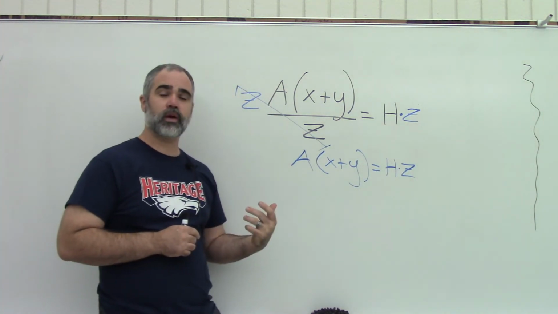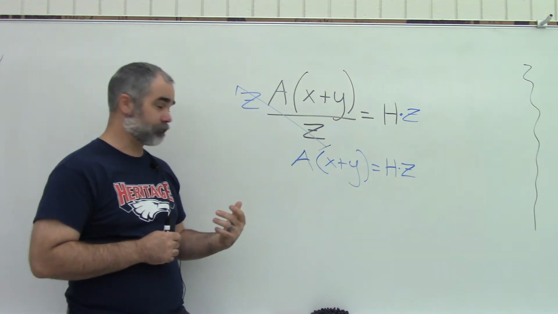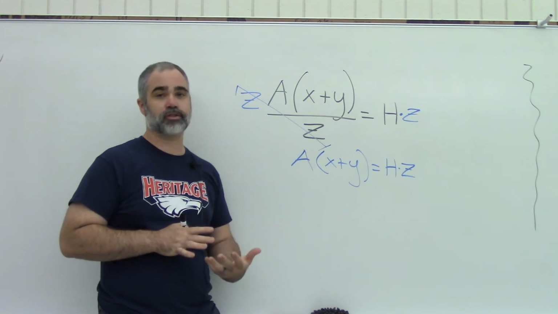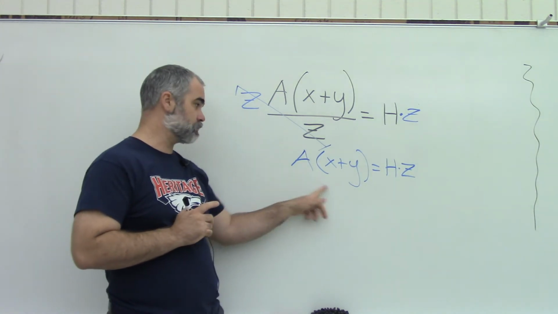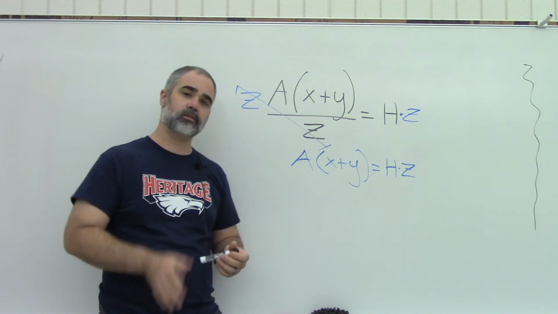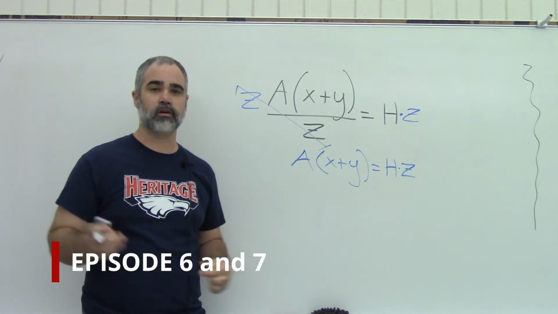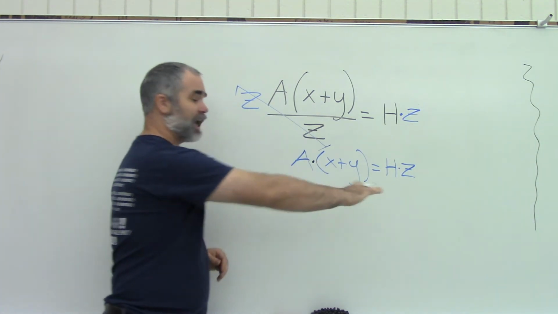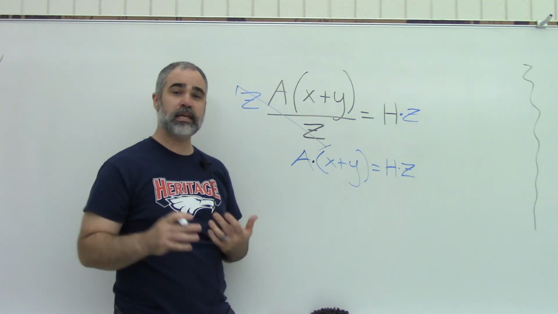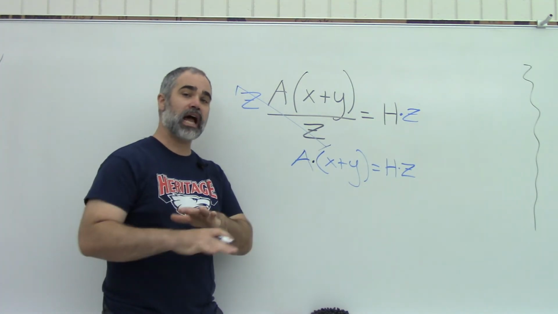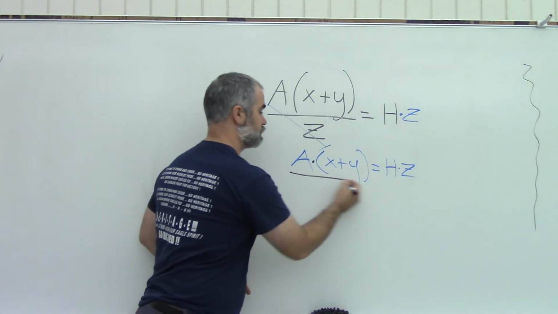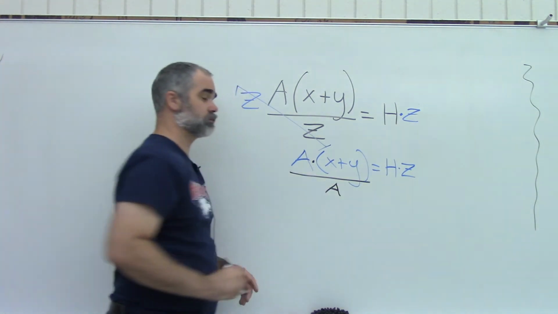Now there's a number of ways you could approach this next part, but I'm actually going to think about this with the same strategy I used with fractions. When I had a fraction distributing here, I think that's episode 6, so you can take a look at that if you don't have it already. But this is all multiplied. The entire side is multiplied by a, so if I want to do the opposite, I can divide the entire side by a. And that's what I'm going to do.